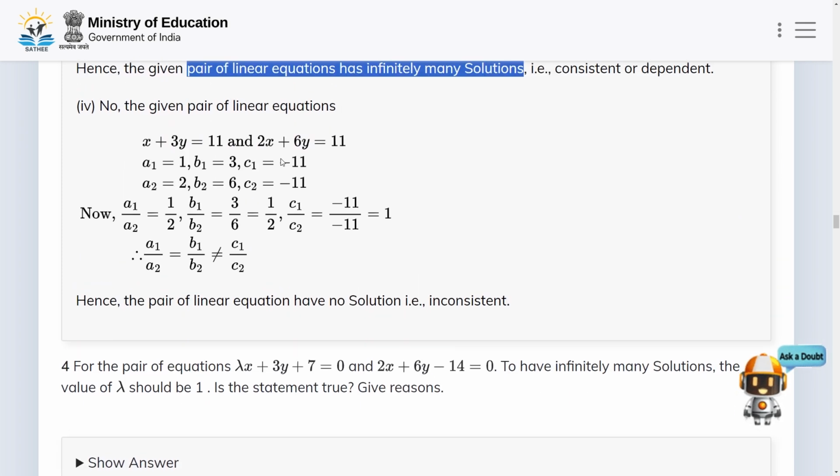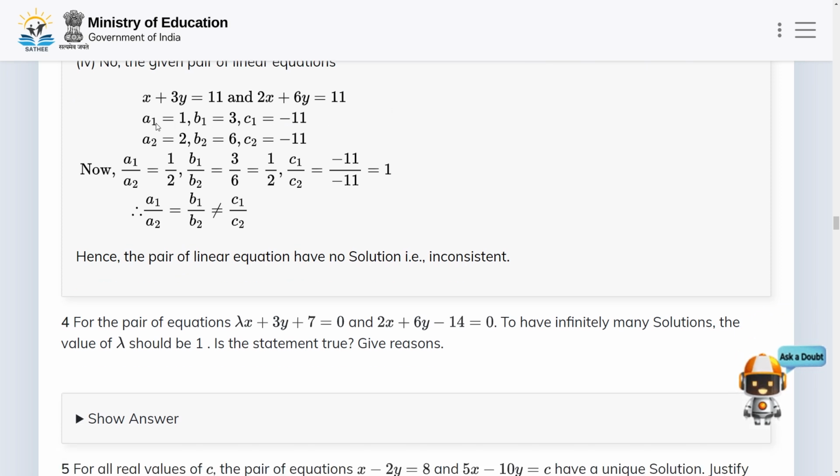Here we have the pair of linear equations x plus 3y is equal to 11 and 2x plus 6y is equal to 11. You can compare this pair of linear equations with the general form. Then we will get a1 is equal to 1, b1 is equal to 3 and c1 is equal to minus 11, and a2 is equal to 2, b2 is equal to 6 and c2 is equal to minus 11.